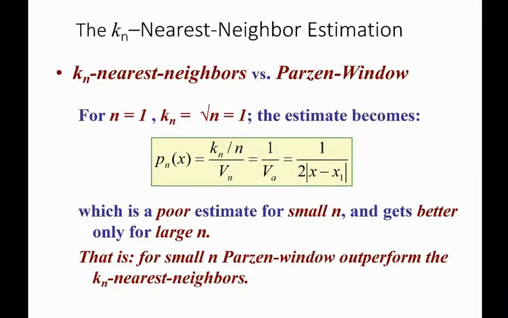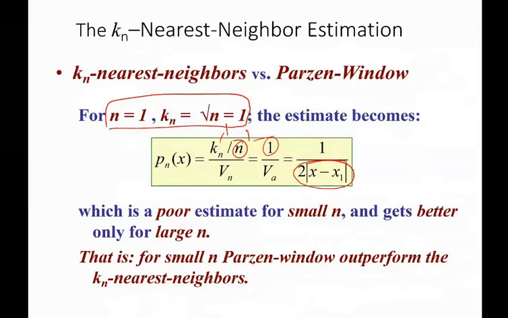Now, there is a problem with this method. Suppose I have only one sample, say n is 1, then kn, which is square root of n, is equal to 1. So we are in search of one neighbor, and the estimate becomes Pn(x) equal to kn by n by volume. Here n is 1, the number of samples is 1, so k is also 1, so this will be 1 over the volume.